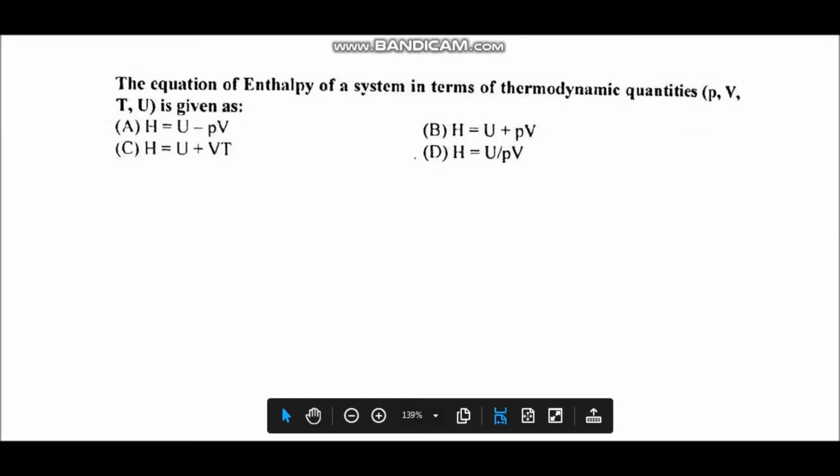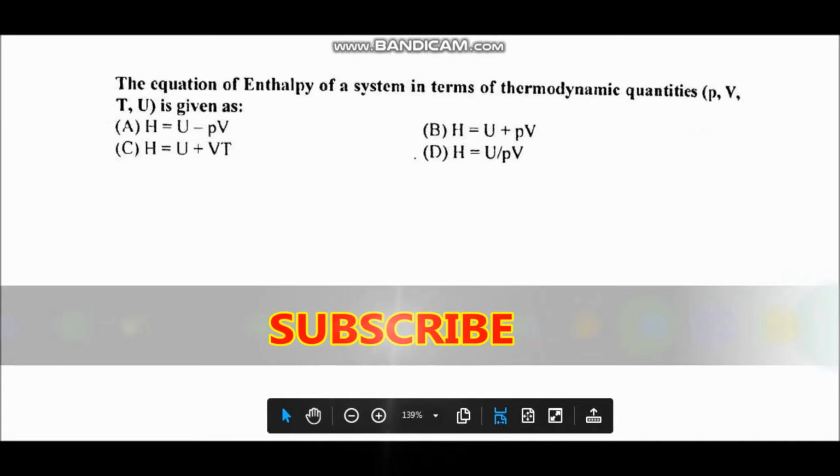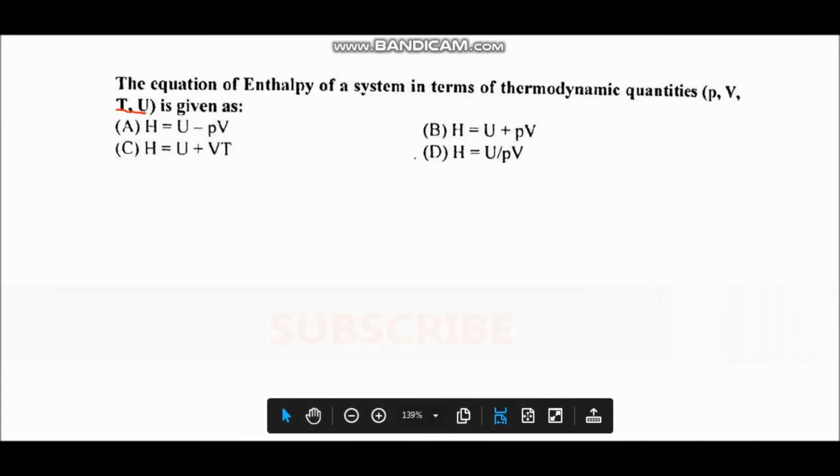The first question is: the equation of enthalpy of a system in terms of thermodynamic quantities P, V, T and U is given as. So we know that there are a total of 4 thermodynamic potentials. They are named U, which is internal energy, H, which is enthalpy, F, which is Helmholtz free energy, and G, which is Gibbs free energy.